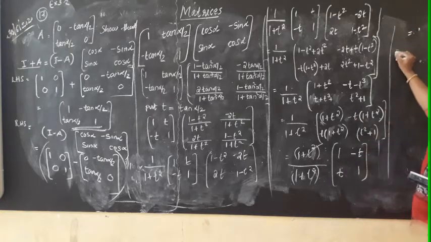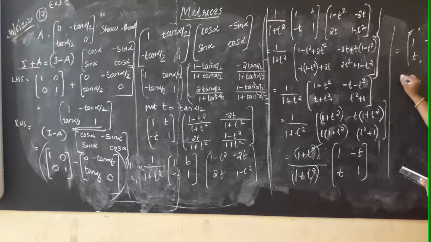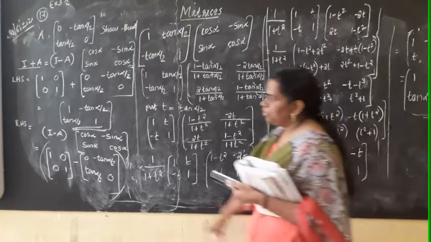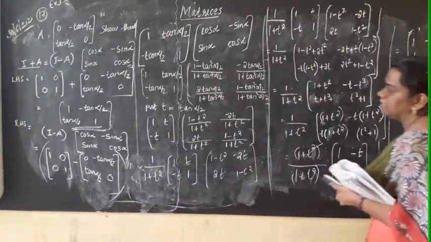That is equal to 1, minus t, t, 1. What is t here? 1, minus tan alpha by 2, tan alpha by 2, 1. This is what we are going to prove. This is our LHS, and LHS equals RHS.